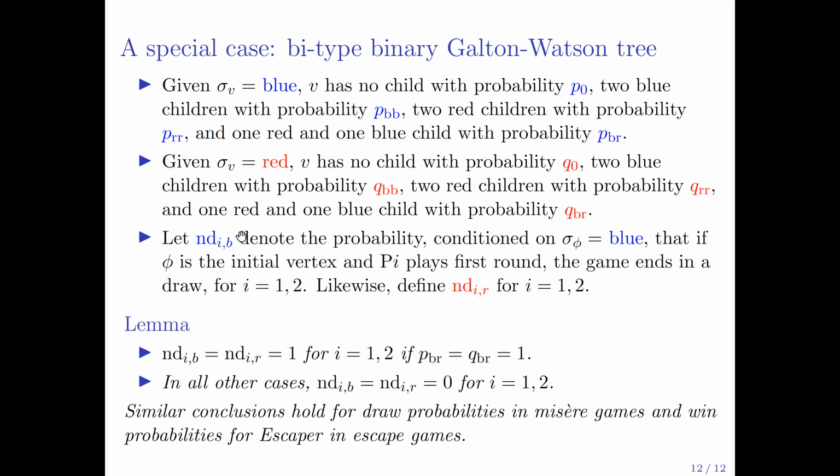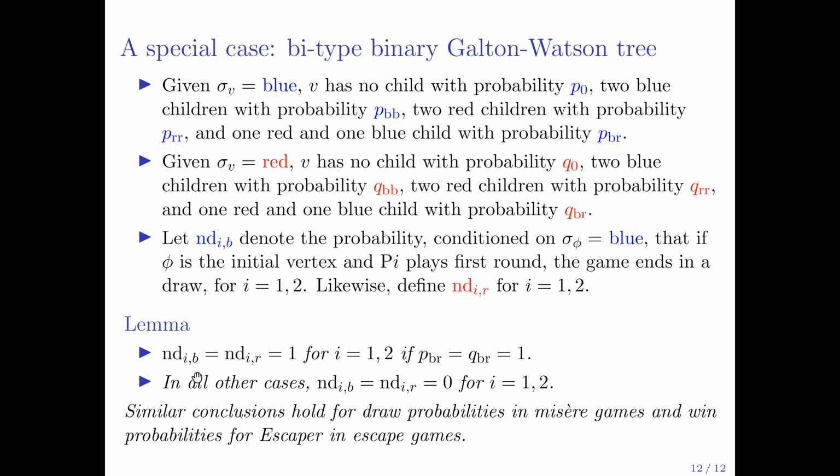When you look at these probabilities for this setup, for the bi-type binary Galton-Watson tree, you see something quite striking happening. It's almost like a 0-1 law, unlike what they found in the case of binary Galton-Watson trees, no bi-type. They were studying just binary Galton-Watson trees, and they had a phase transition happening for the draw probabilities.